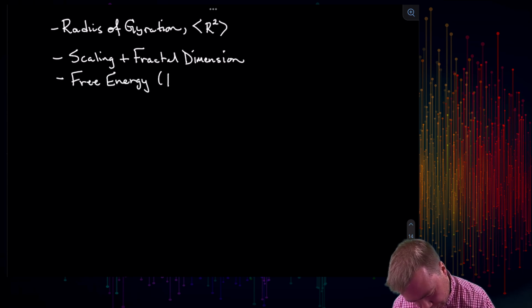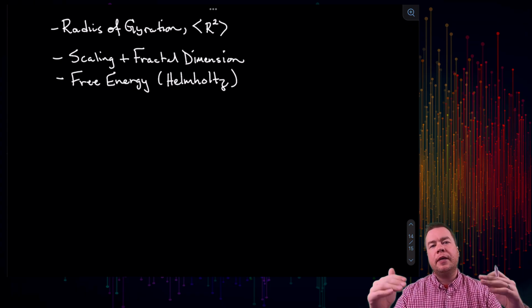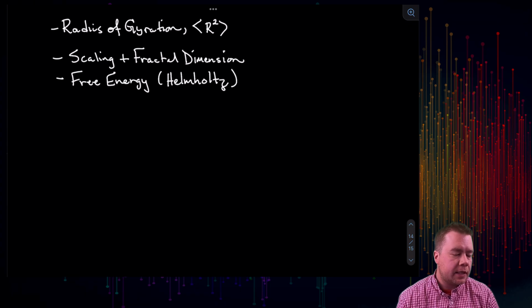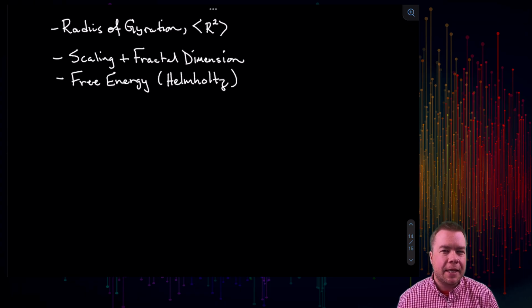And in this case, we will construct the Helmholtz free energy for an ideal polymer chain. And with all of that combined, then we'll be in a really good place to start building upon this to talk about things like, I don't know, the behavior of rubbers, rubbery networks, things like that. All right? Okay, so let's get into it.